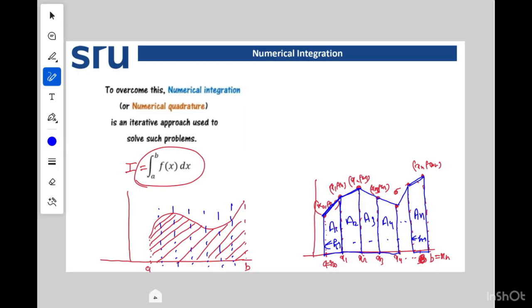Now the total area under the curve in this case is approximated by the sum of the trapezoid areas. First we will calculate this area, then this area, then this one, then this one, dot dot, this one. If you have all these areas a1, a2, a3, a4, dot dot, an, and you add them, then you will get the total area.